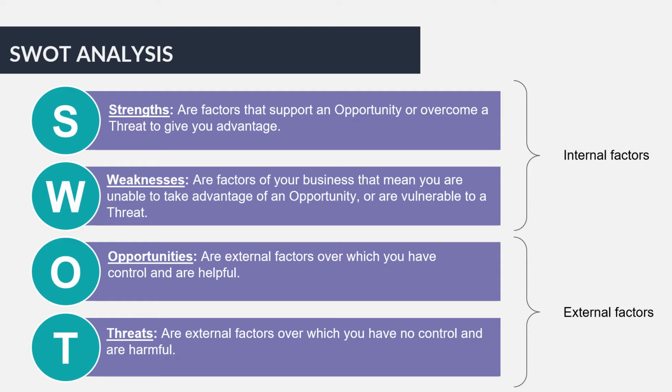While on the other side, in terms of threats, these are external factors over which you have no control and are harmful or detrimental towards the implementation of the project. Let's take the same example of an animal welfare project where you're training other people on animal welfare issues.